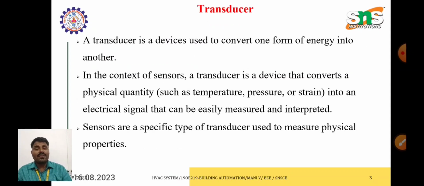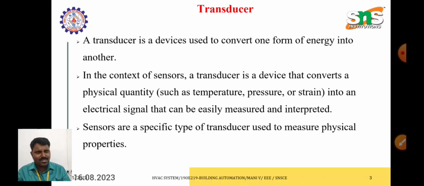Okay, so it is most important in automation control and data collection, etc. And a transducer is also a device which is used to convert one form of energy into another form of energy. So here a sensor is sensing a physical property, a physical quantity, and it can be converted into some other form.